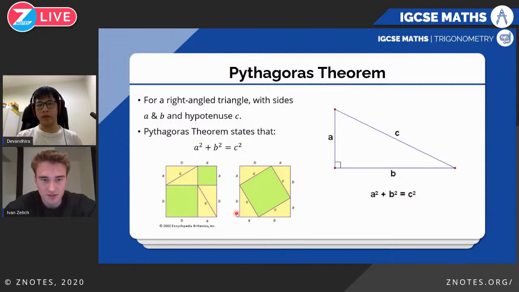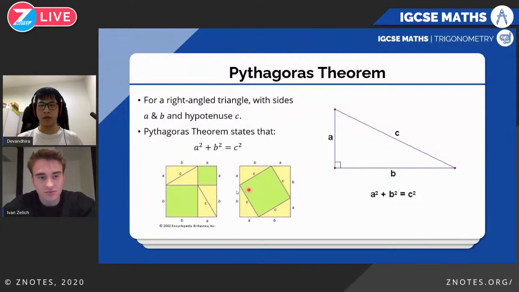And the point is that B squared here and A squared here, these are squared. And the rest we have some that fill up C squared. So basically we want to prove that A squared plus B squared, these areas, is equal to C squared. But the length of this square, sorry, I said C squared, but I meant A plus B.